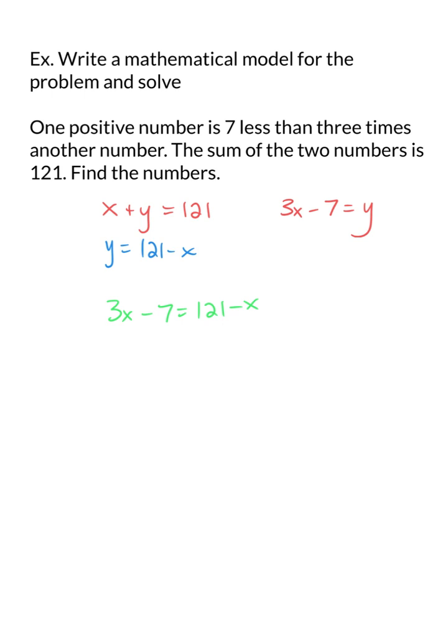Thus 4x is equal to 128. So x is equal to 32. Then my two numbers are going to be 32 and 89, because 121 minus 32 is 89.